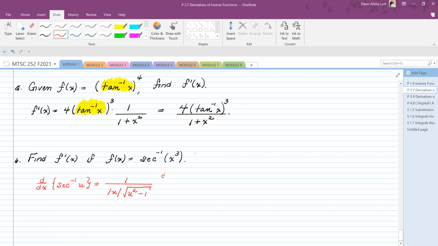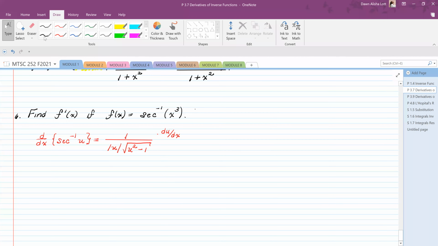And then we have to multiply by du dx. So let's use that and get an answer.